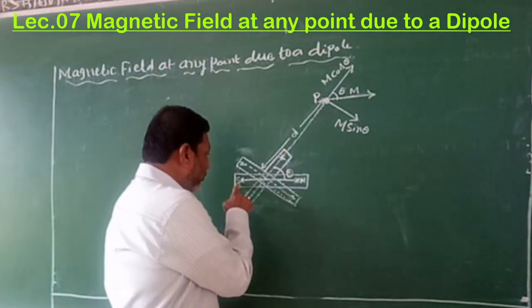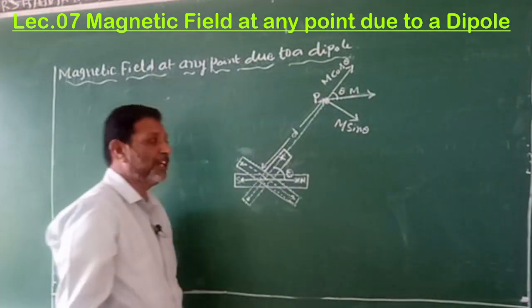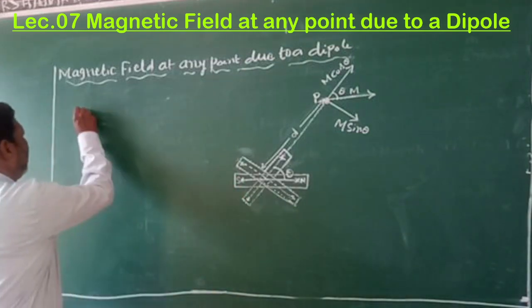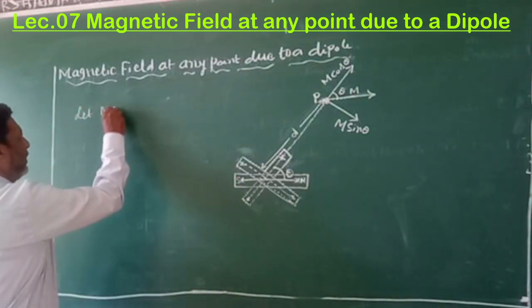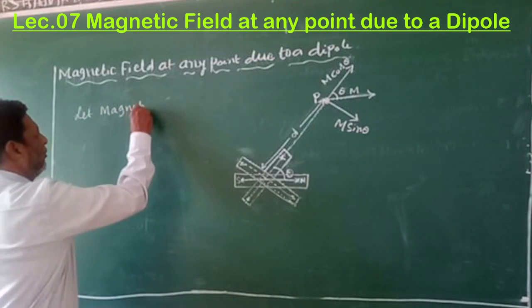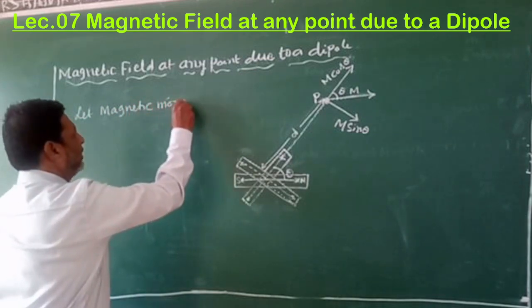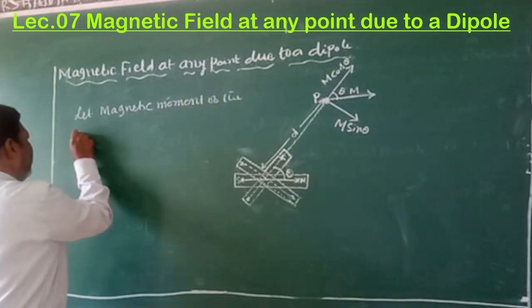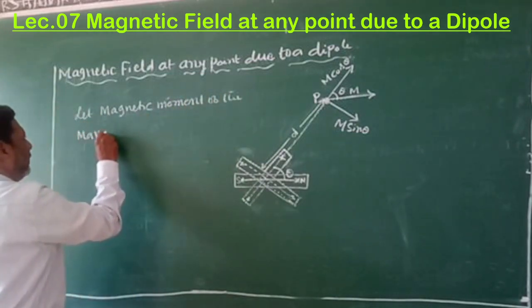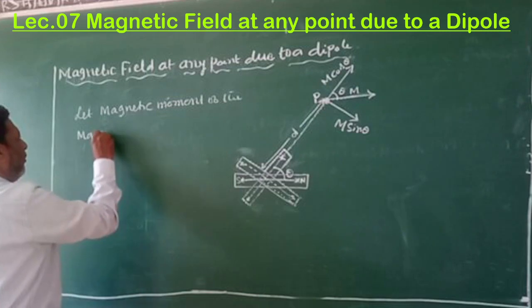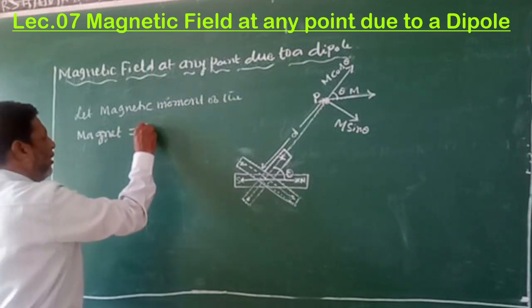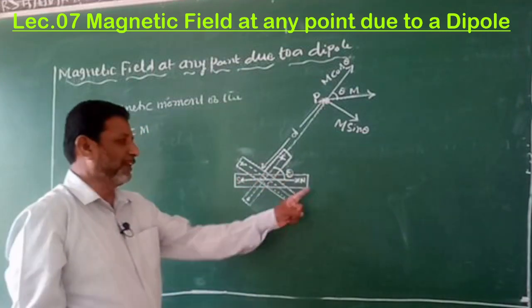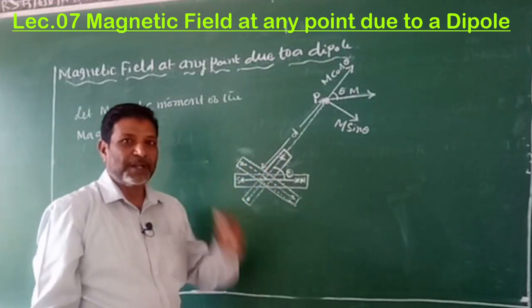Now, let the magnetic moment of the magnet be equal to m. Magnetic moment of this magnet is equal to m.